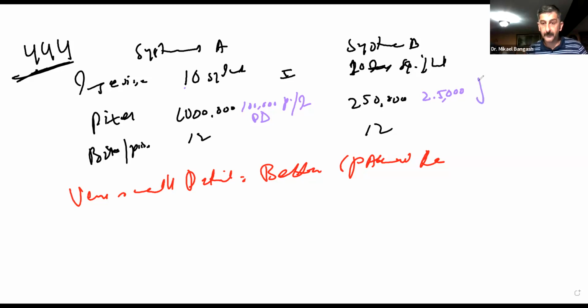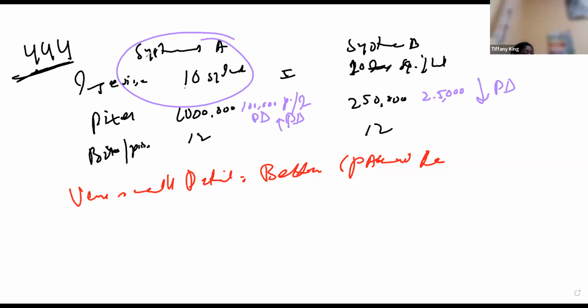So this one has a lower pixel density, and this one has the greater pixel density, which of course is system A, and that shows the better details. Did that make sense? Yes. Yeah.